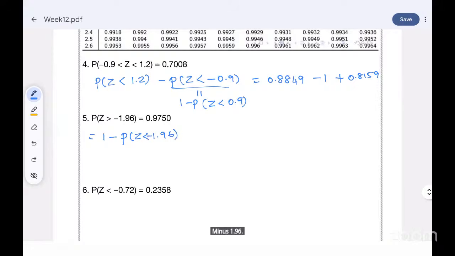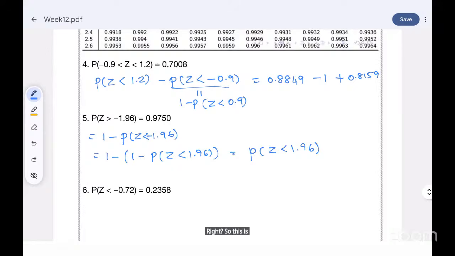Right? Now, how do we rewrite this z less than minus 1.96? 1 minus probability of that. Yes. So this is probability of z less than 1.96.